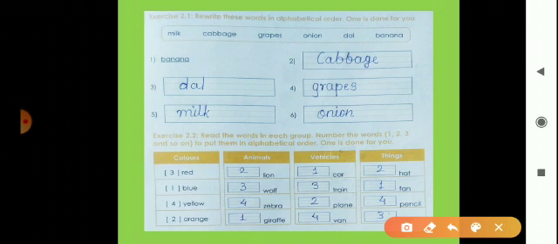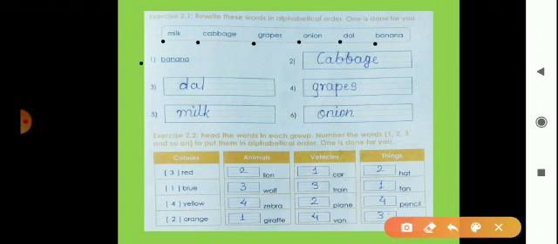Okay, so first we can see the first letters of these words. Here M, C, G, O, D and B. Okay, M, C, G, O, D, B. So we can see these letters, and in the alphabet which letter comes first out of these? Can you tell me? B. So here we can see the word banana.